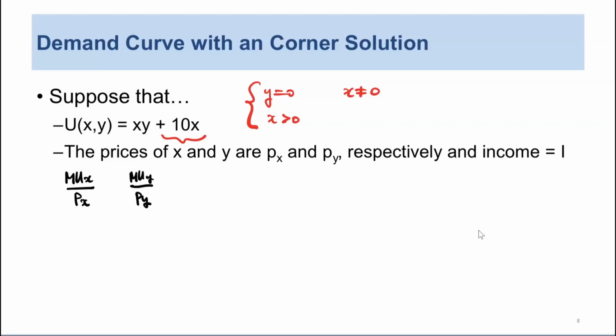If feasible for any point of x and y to be optimal, these two objects must be equalized. We already discussed why it was the case. However, under certain situations, these equations may not be satisfied, even though that point is a utility maximization point.